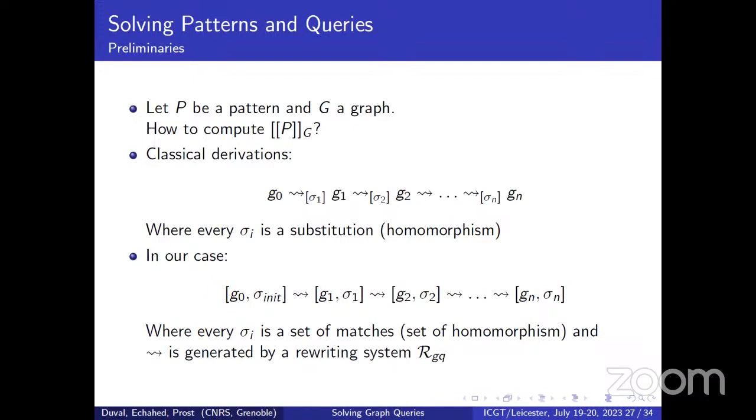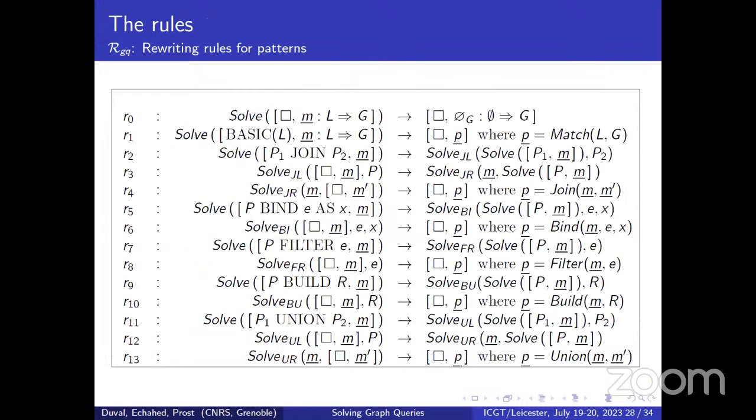We will start with the initial pattern and transform it by some rewrite rules until the empty pattern with a set of solutions. And here we will get the final set of solutions of a pattern. This is the idea. And these are obtained by a set of rewrite rules.